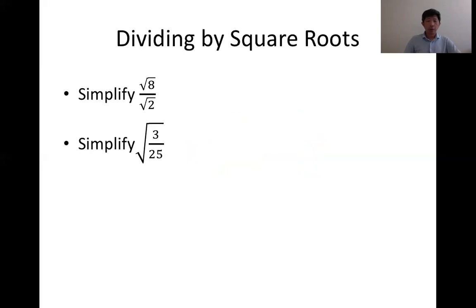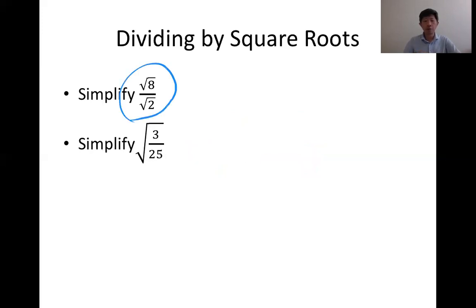All right, oh, hold on a second. We have another method for square root of 8 over square root of 2. I just did the first method, right? Can we do another method? Yes, we can do another method for this.